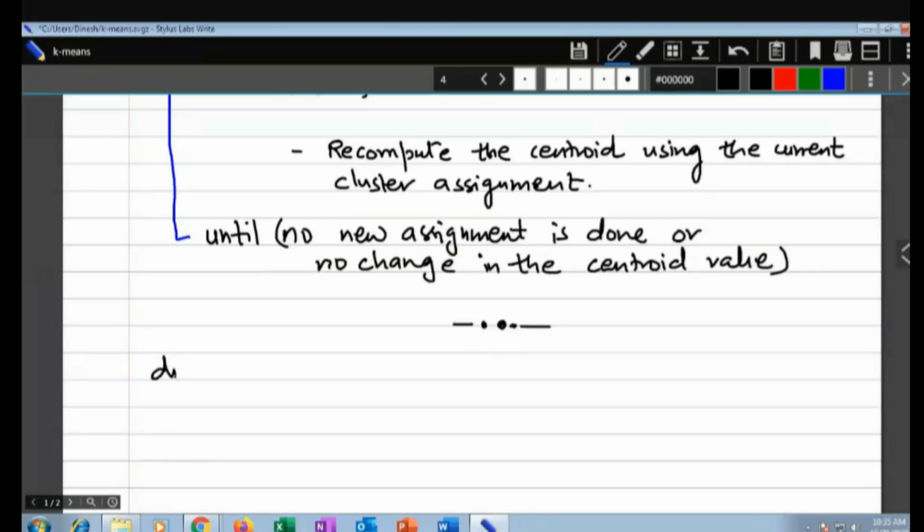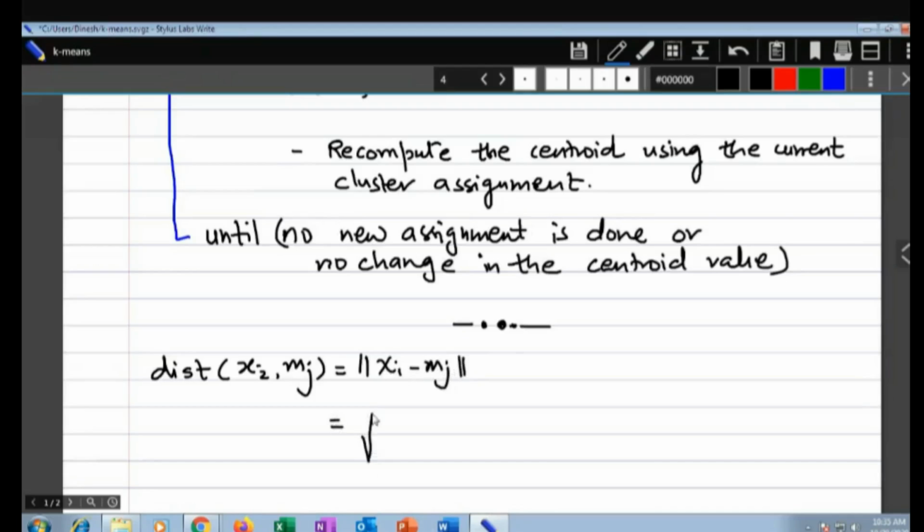So the distance of, let's say, point xi with the mean mj is calculated as the vector norm of xi minus mj. It's the difference between these two vectors.